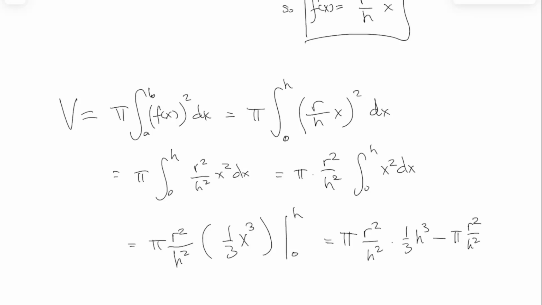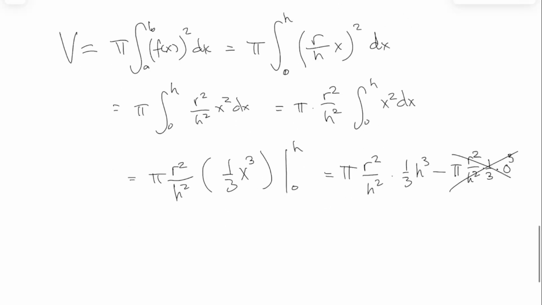Pi r squared over h squared times 1/3 times 0 cubed. So actually that whole second part of the evaluation is all 0. And the first part is the answer, which we can simplify very slightly. We have h squared in the denominator and then h cubed over here. They will cancel partially, leaving behind just h. So my final answer is pi times r squared times 1/3 h.